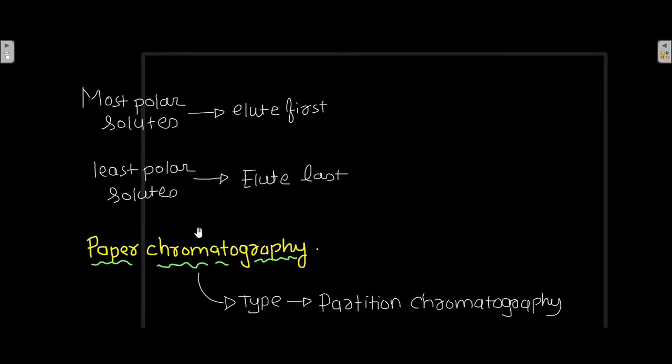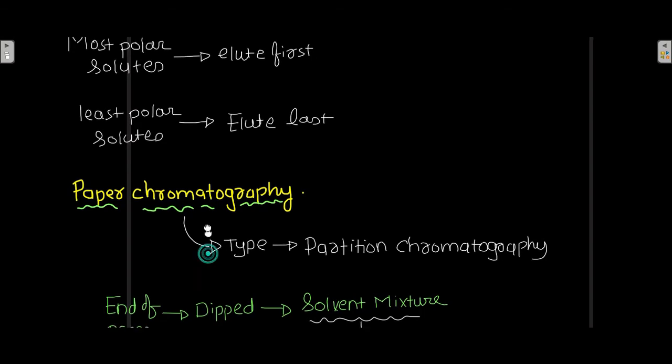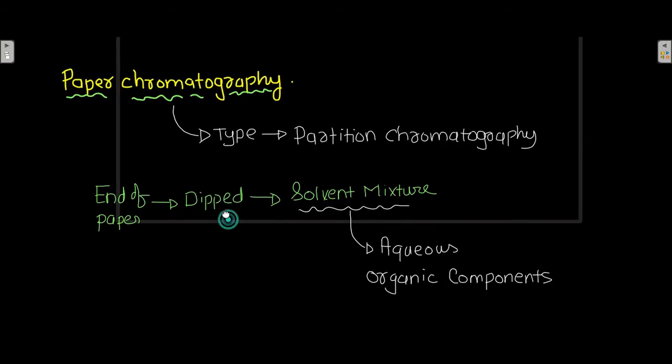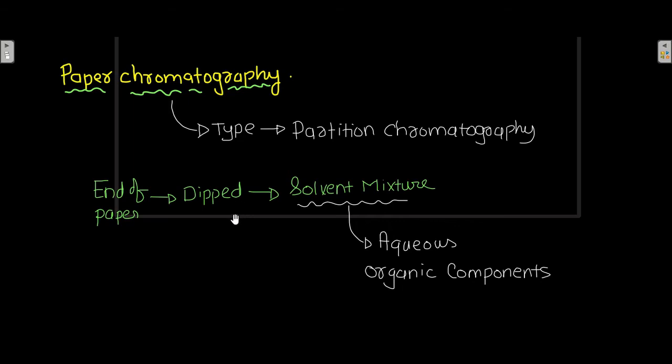Now let's talk about paper chromatography. You have heard a lot about paper chromatography. We have performed it in the lab. So paper chromatography is a type of partition chromatography.